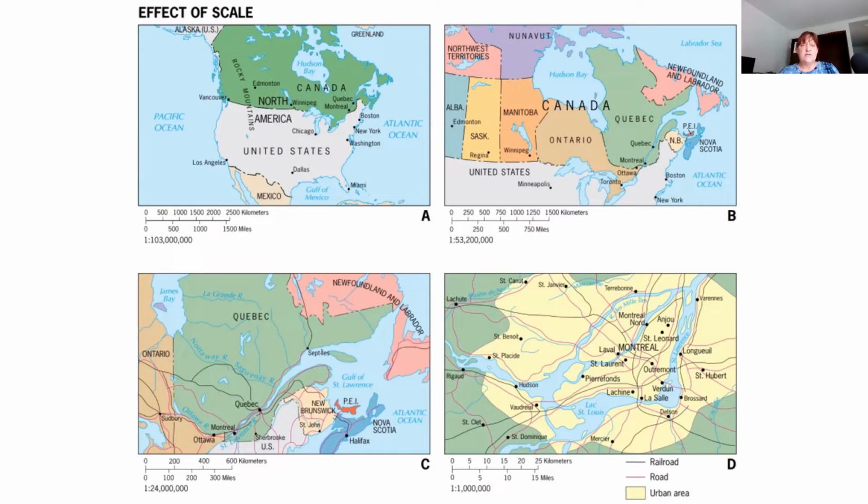But not all of these realms are neatly defined by a boundary. There's going to be some overlap. So if you look at the map of Montreal, you can see that the yellow is basically the city center. And as you go further out, you're moving into the suburbs. Where there is overlap in these, we call these transition zones.